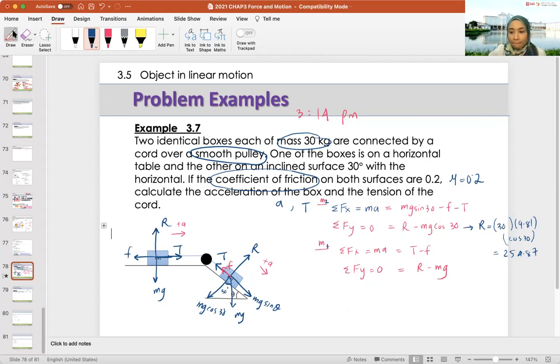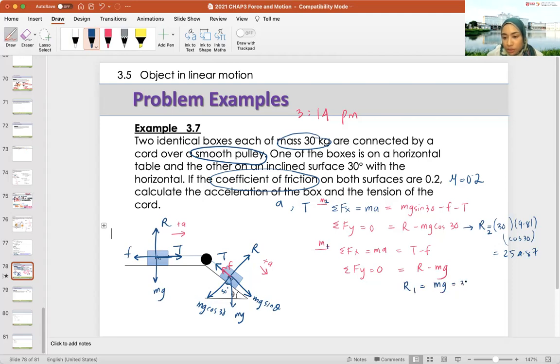Okay. Yang ni adalah R1 and then kita solve for R2 over here, which is terbalik lagi. Sorry. This is R2 and this is R1. So R1 is from here, we have 0 equals to R minus mg. So R1 is basically mg lah, senang.